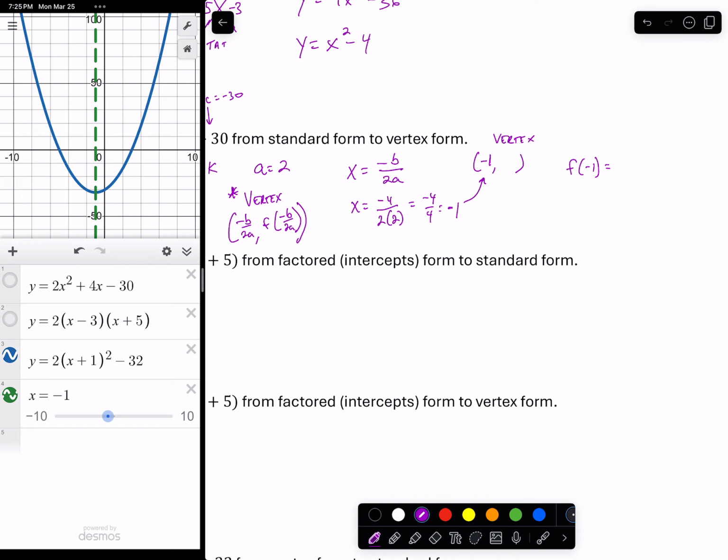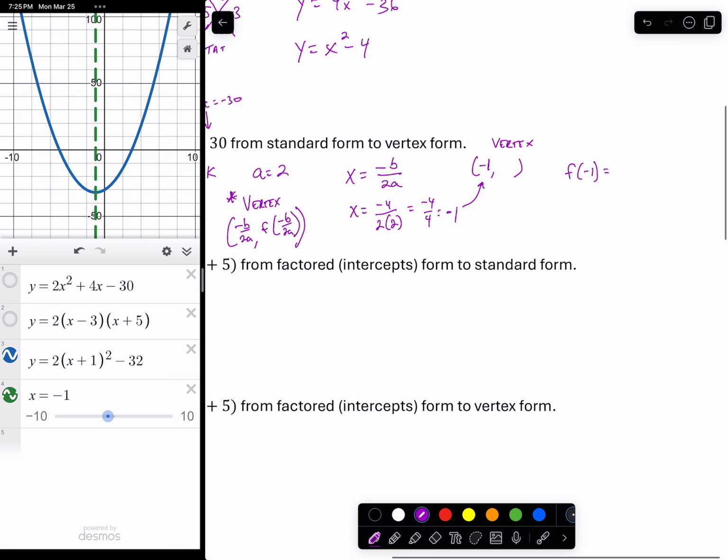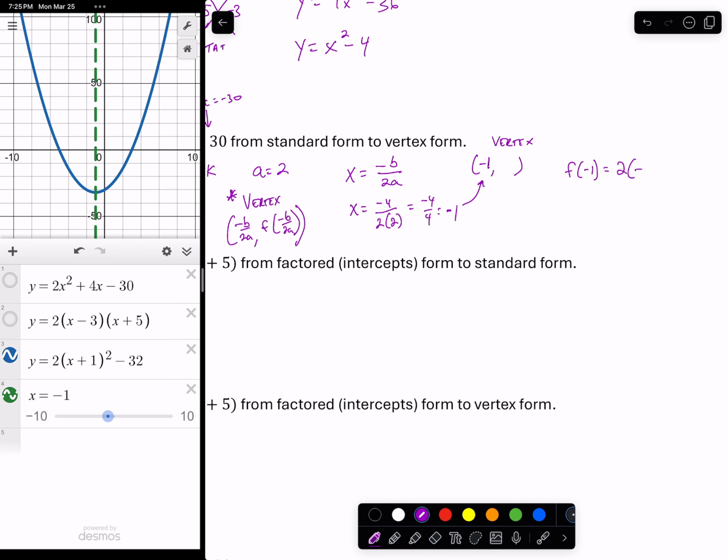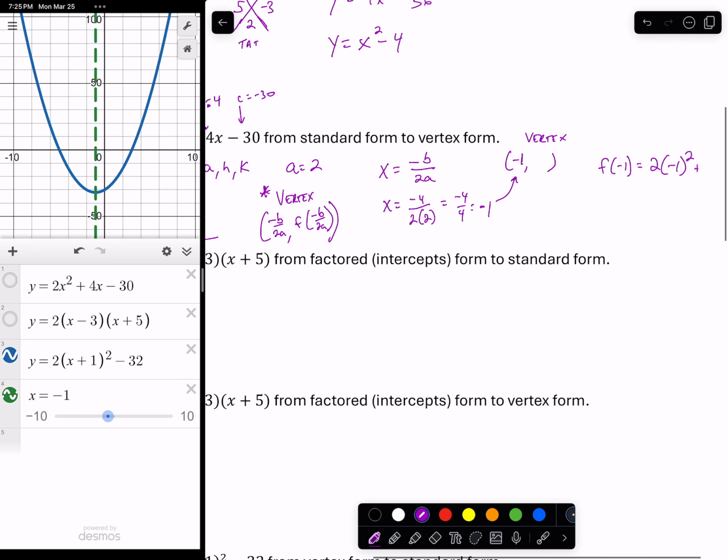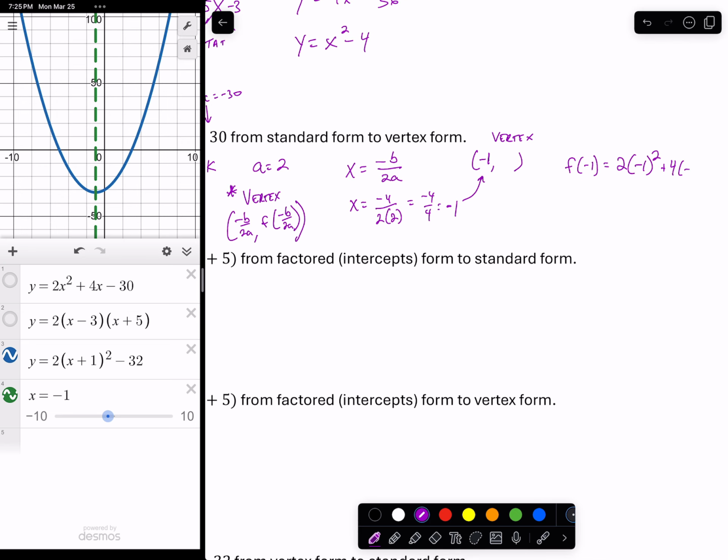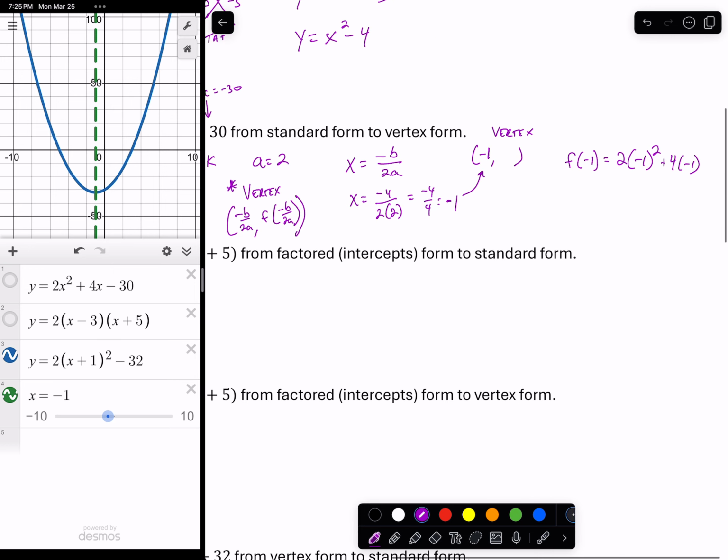All right, so if I plug in negative 1, it was 2 times negative 1 squared plus, I think b was 4, right? Yeah, 4 times negative 1, and then minus 30. So f of negative 1 is going to be negative 1 squared is 1, so 2 times 1, plus 4 times negative 1 is negative 4.